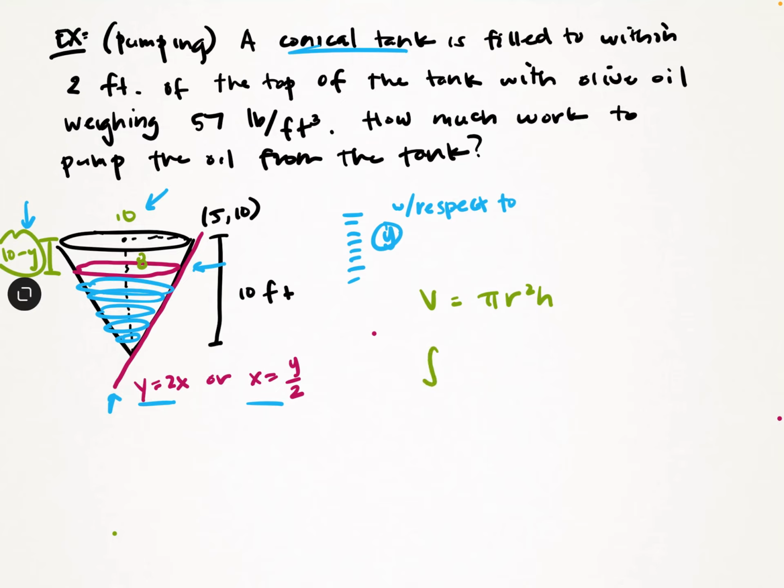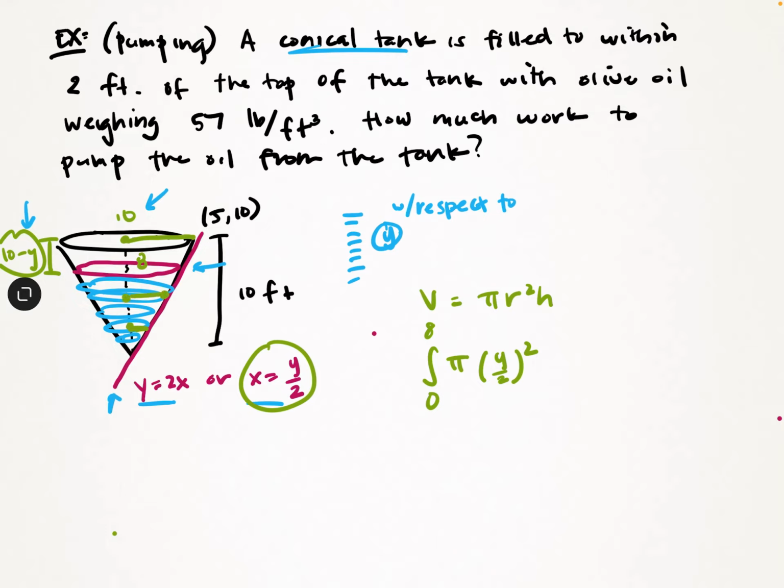We're going to do the integral from, remember, 8 to 0 or 0 to 8 here. Then we're going to do pi times the radius. The radius in terms of y, we can use this form here. We're going to say that the radius is going to be y over 2, squared, because that's what our radius is going to be at any point from the top to the bottom.